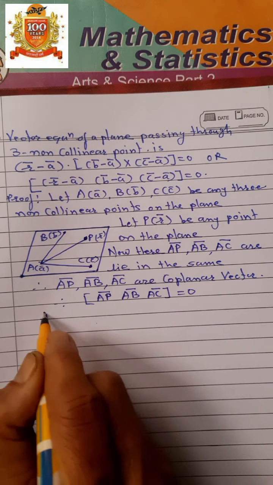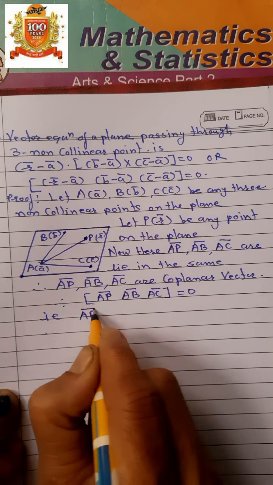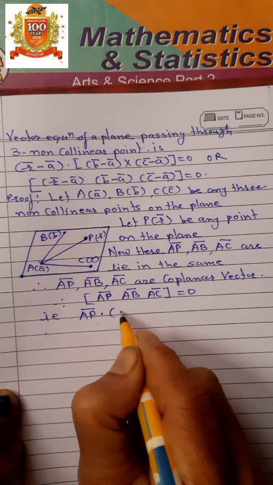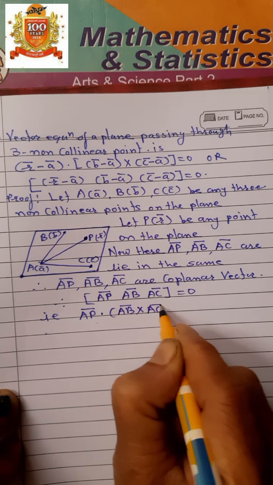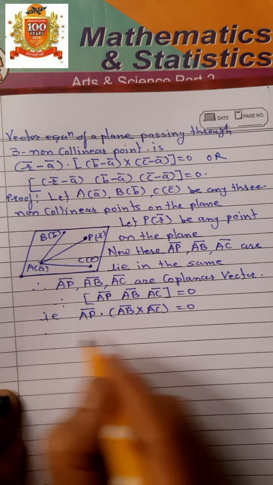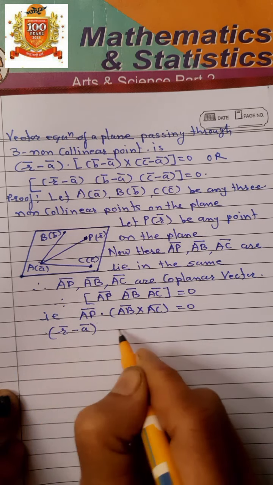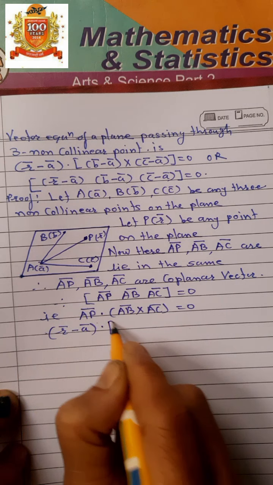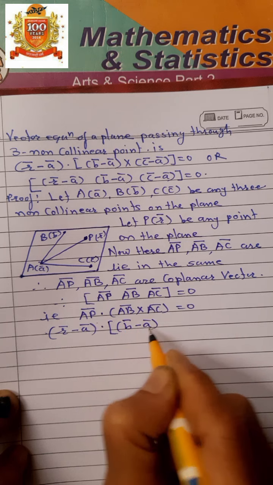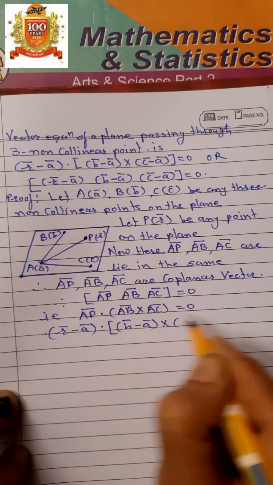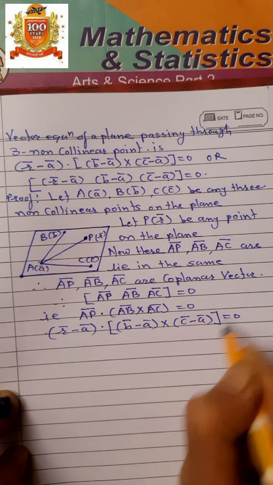That is, AP bar dot AB bar cross AC bar is equal to 0. Now, AP bar means R bar minus A bar dot AB bar means B bar minus A bar cross AC bar means C bar minus A bar is equal to 0.